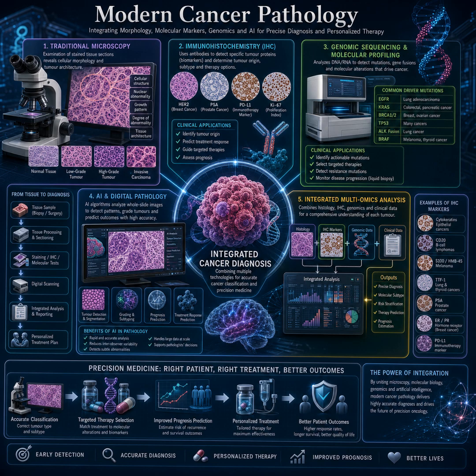EGFR mutations are commonly found in certain lung adenocarcinomas and can be treated with EGFR inhibitors. KRAS mutations occur frequently in colorectal and pancreatic cancers and are increasingly becoming targetable. BRCA1 and BRCA2 mutations are associated with hereditary breast and ovarian cancers and predict response to PARP inhibitors.